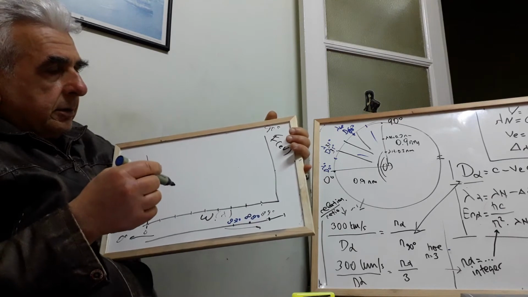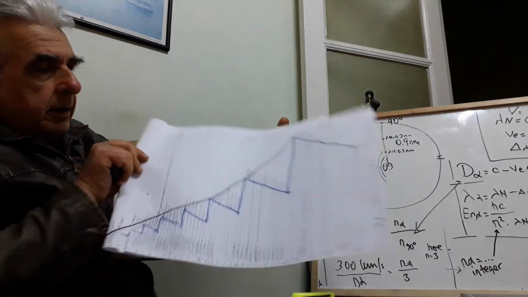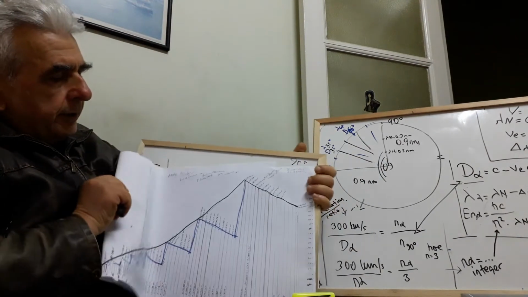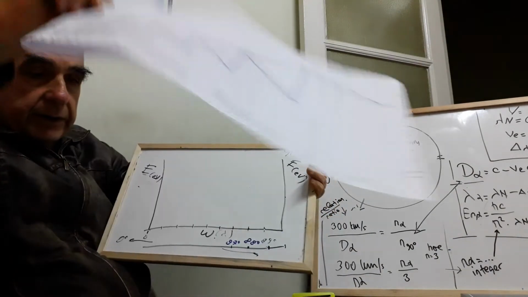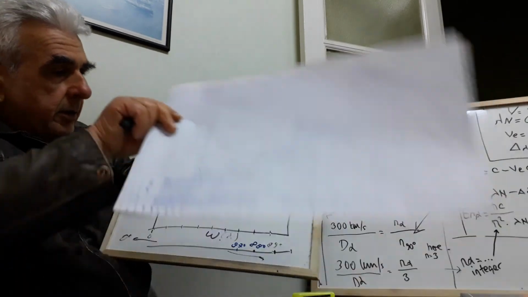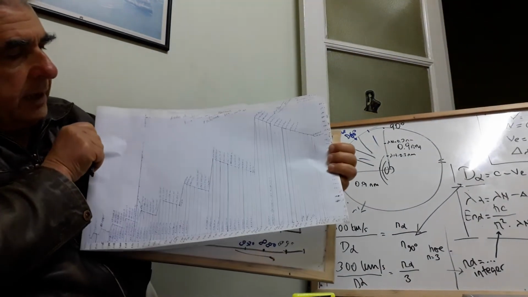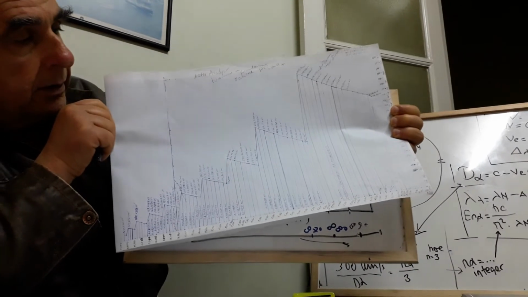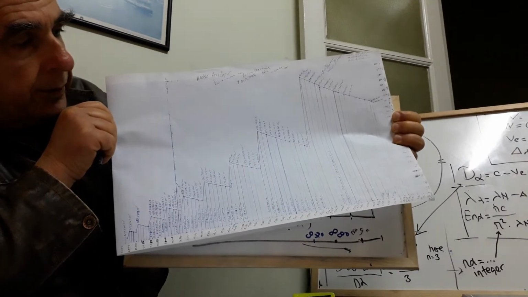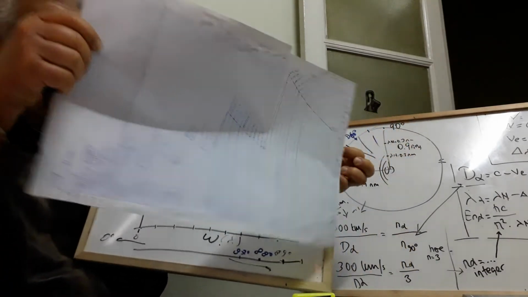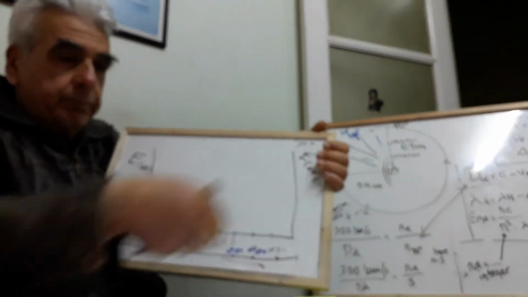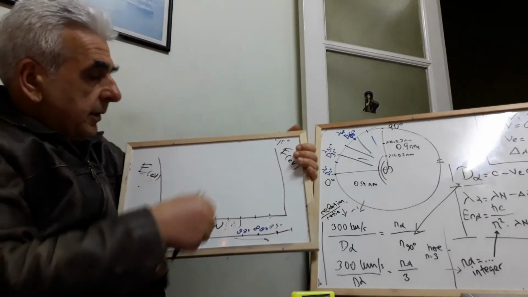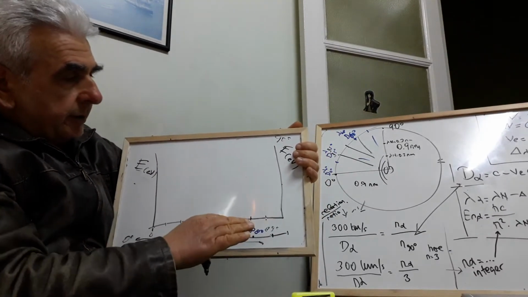How did I plot it and compare this graph? I will show you now. How did I compare, and how did I plot? Don't forget this.